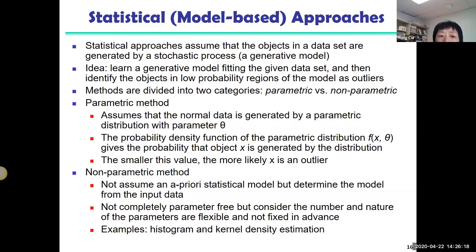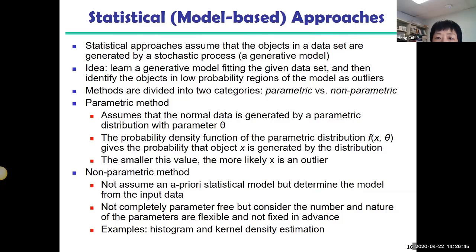It's called a model-based approach because we assume there is a distribution, a generative model, fitting the given data set. Then we can use that model to predict with what probability an object could occur, and objects in low-probability regions of the model can be identified as outliers.